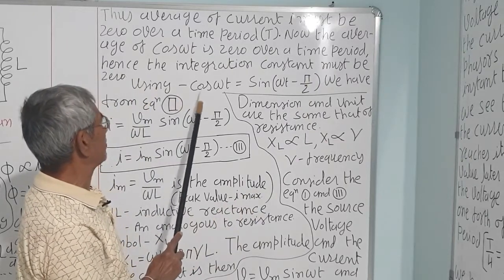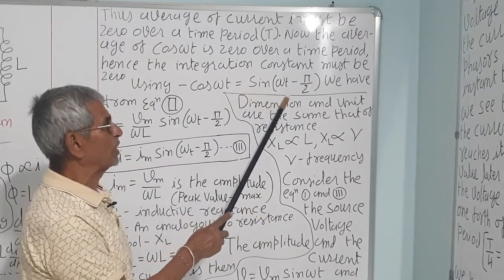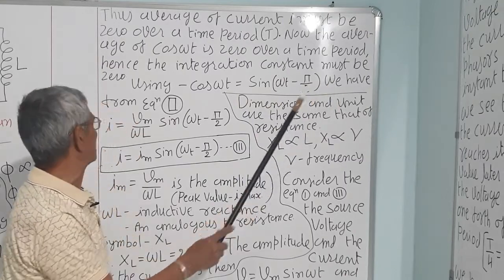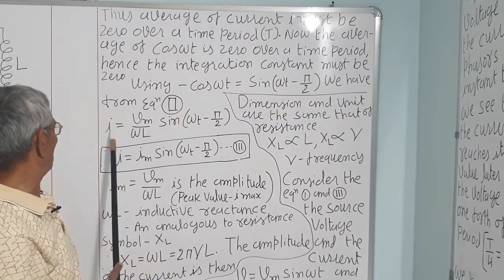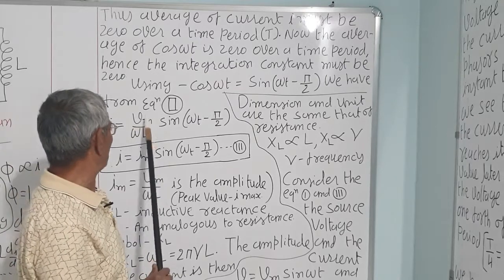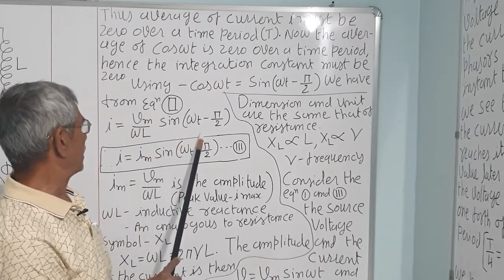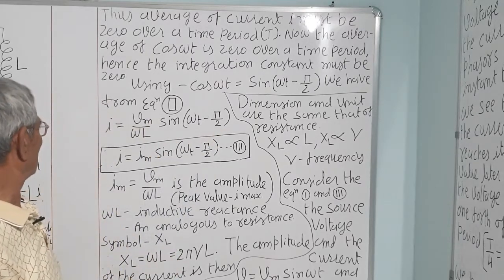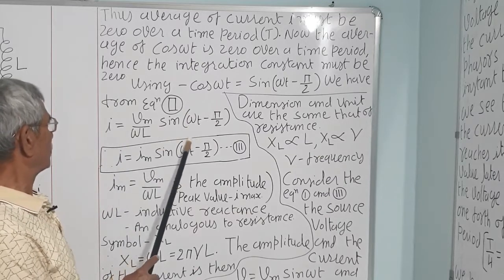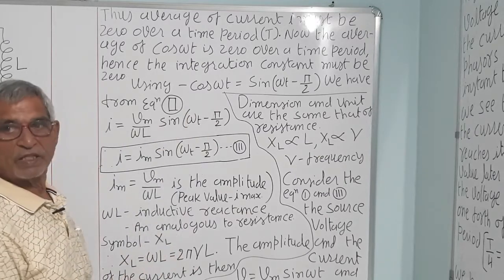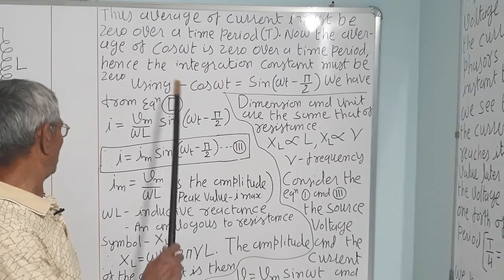Again, using minus cos omega t is equal to sin omega t minus pi by 2, from equation 2, current I is equal to Vm upon omega L sin omega t minus pi by 2. Correct? We have to get the sine function as for the voltage function.